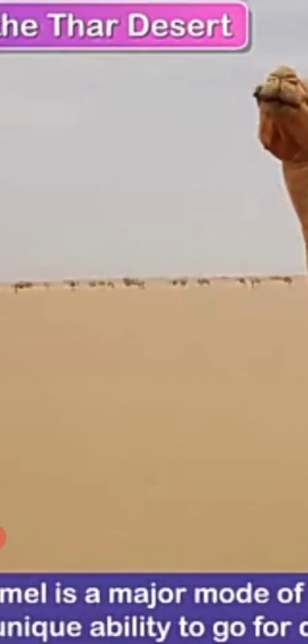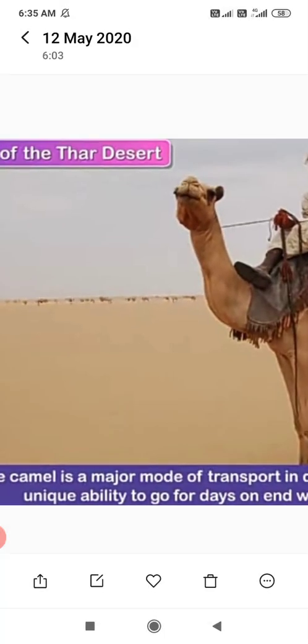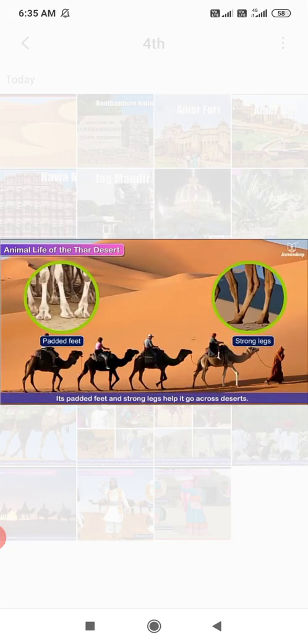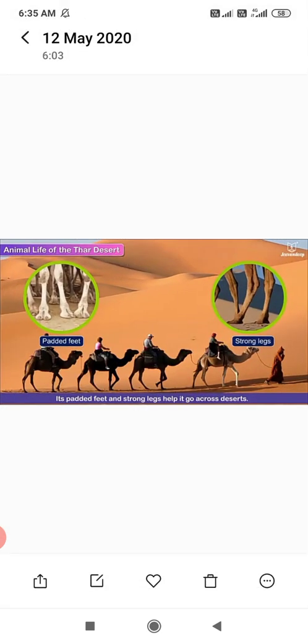Camel is also known as the ship of the desert, because of its padded feet and strong legs, which help it to move in the sand.